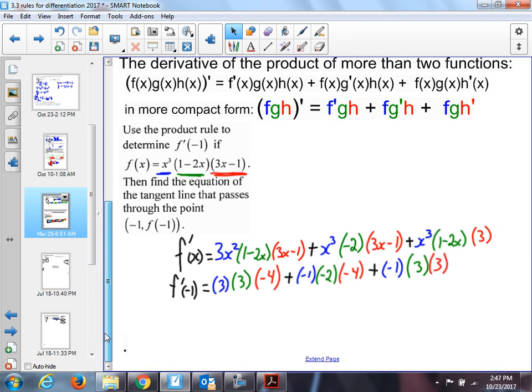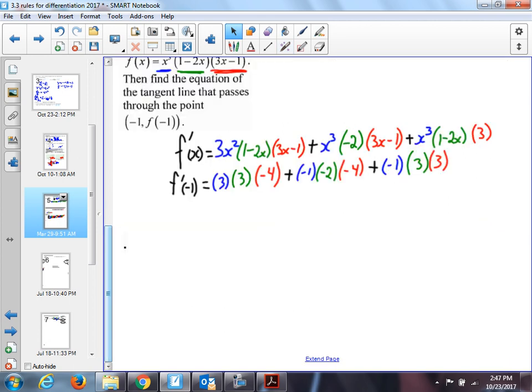Oh, it's 9 times negative 4. Minus 36, minus 8, minus 9. Yep, negative 36, minus 8. Yep, negative 53.